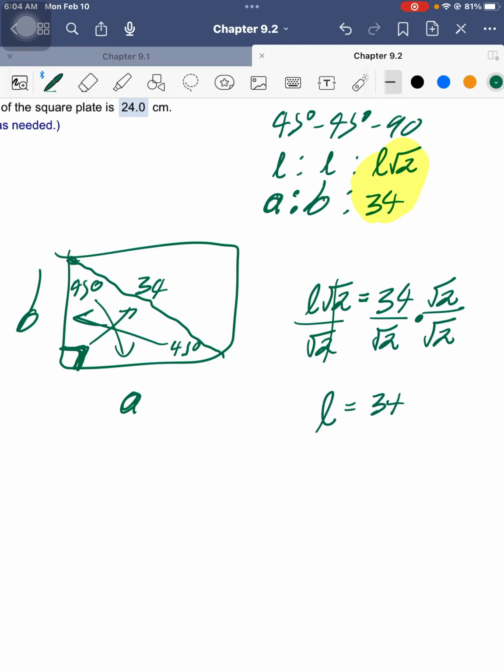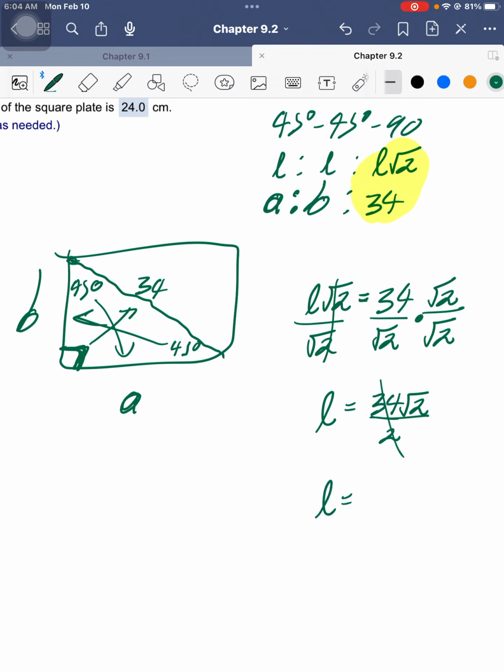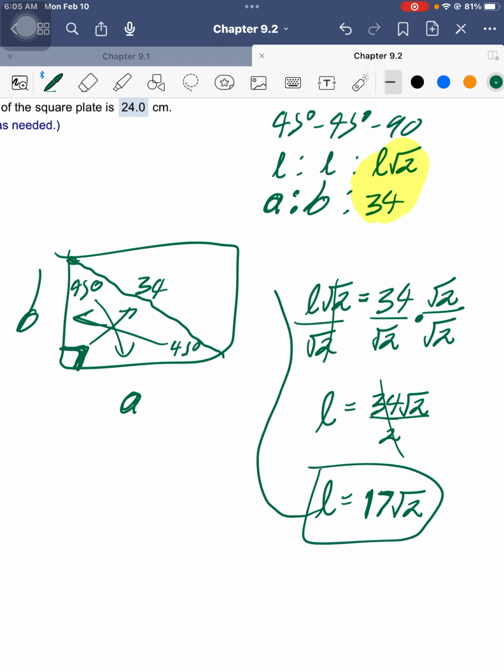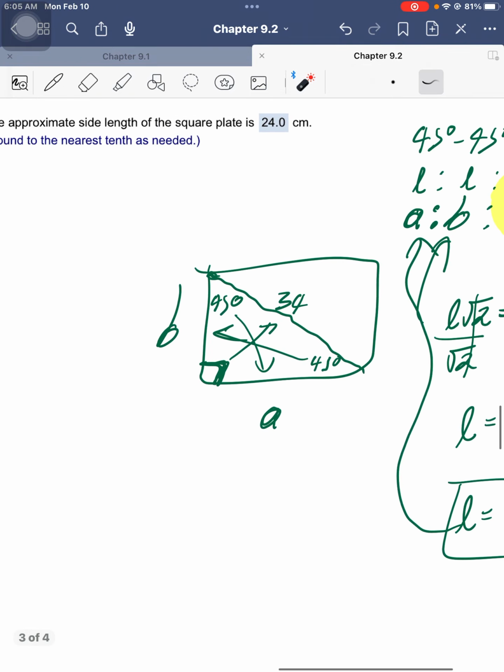So now there's going to be L equals 34 square root of 2 over 2. Because any radical times itself is just the number that was inside. So square root of a million times square root of a million is a million. And now 34 and 2 can be simplified. So my L is 17 square root of 2. And if my L is 17 square root of 2, wouldn't my A and B also be 17 square root of 2?